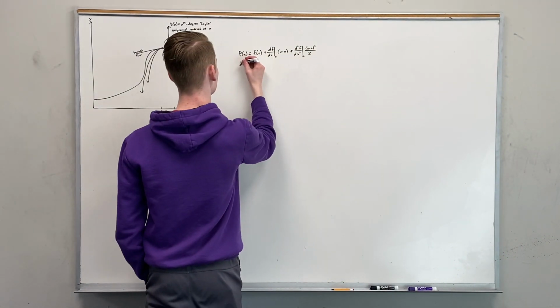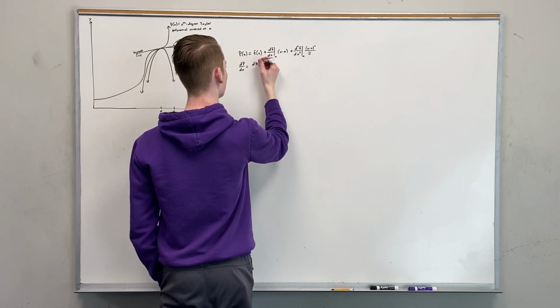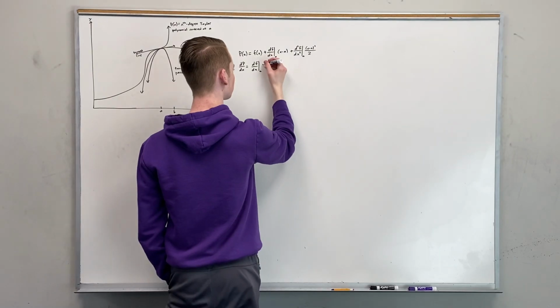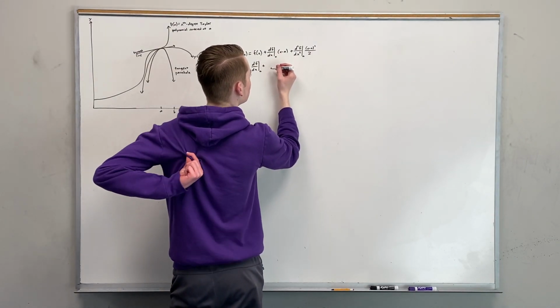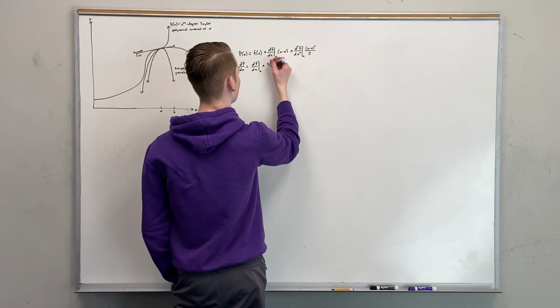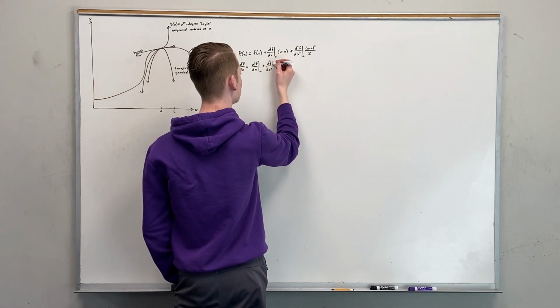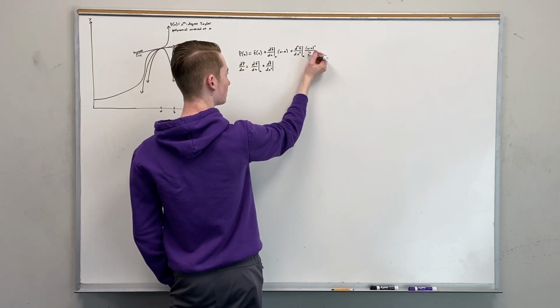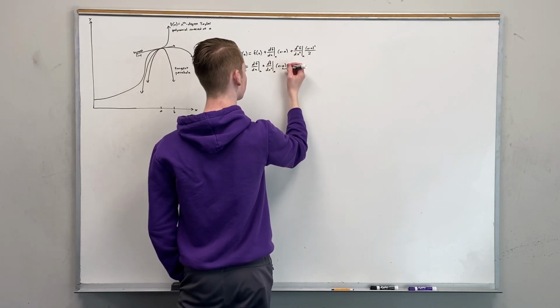Actually, let me just do it. dp dx equals df dx at a plus the second derivative of f at a, and notice this 2 is going to come out and cancel this 2 on the bottom. So you're just going to get x minus a there.